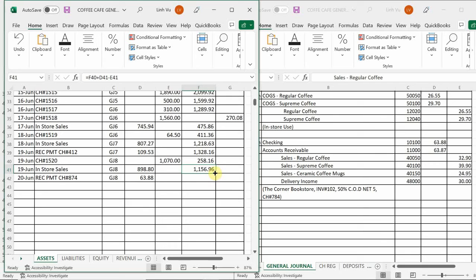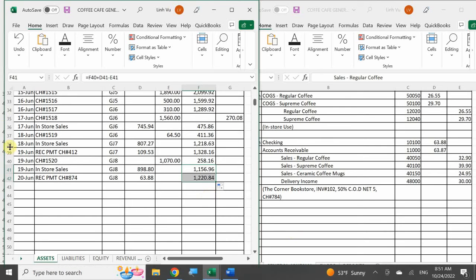Oh, you received money. Yes, we received money. $1,220.48. Good.